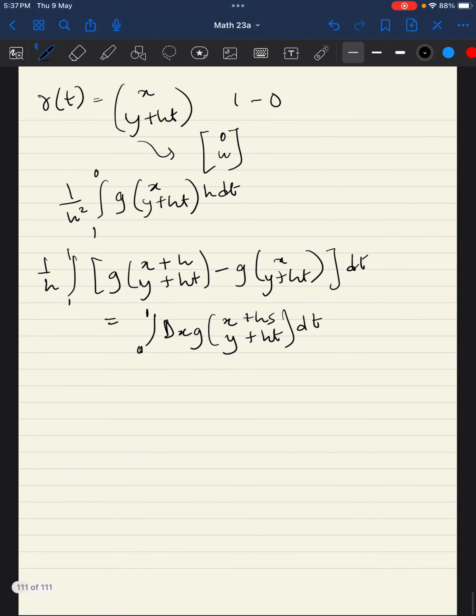Alright, again we're going to take limits as h tends to 0. We're going to be left with dx g of x, y.